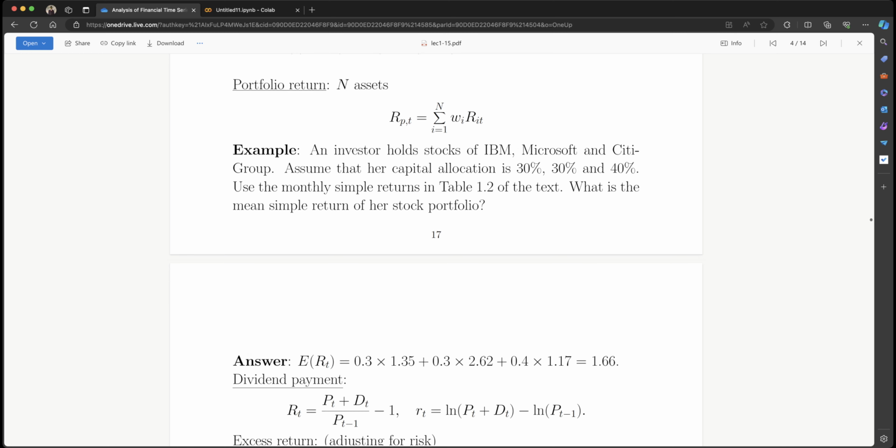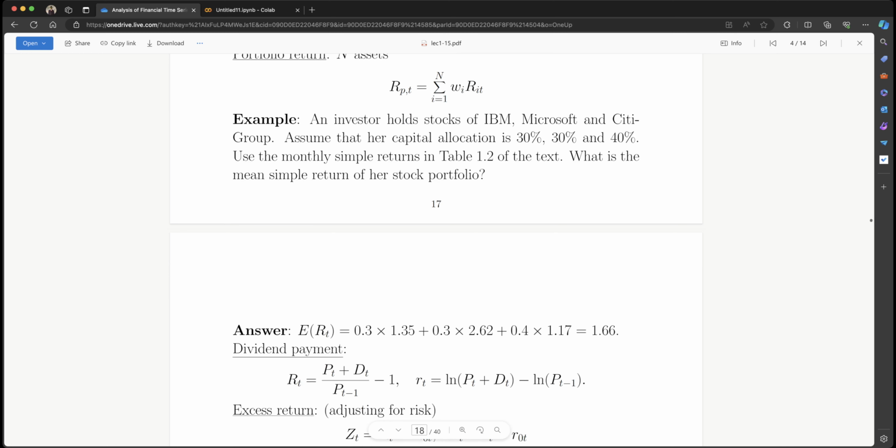Well, that should be simple. ERT would be 0.3 times 1.35, so again 30% weight, plus 0.3 times 2.62, and 40% times 1.17. And so we have this one. This is the answer.